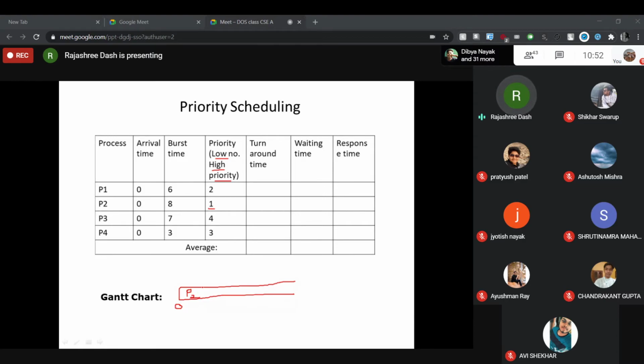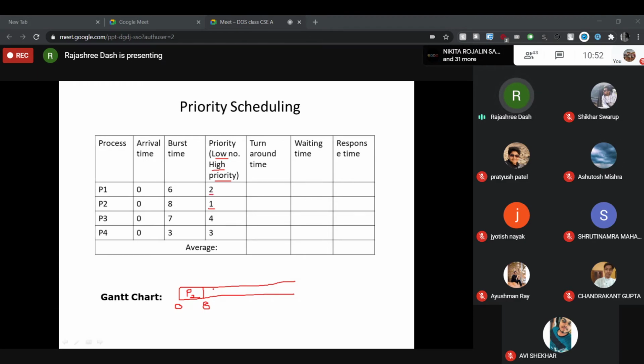Once P2 is allocated, it will continue up to 8. Non-preemptive and preemptive are both the same. So P2 will continue up to 8 milliseconds. After P2 has completed, what is the next process to be selected for execution? P1, because the next lower number, or the next process having high priority, is P1.